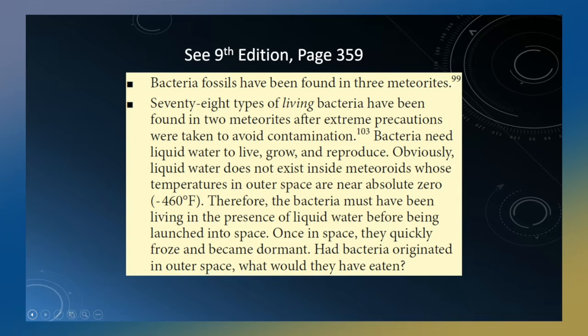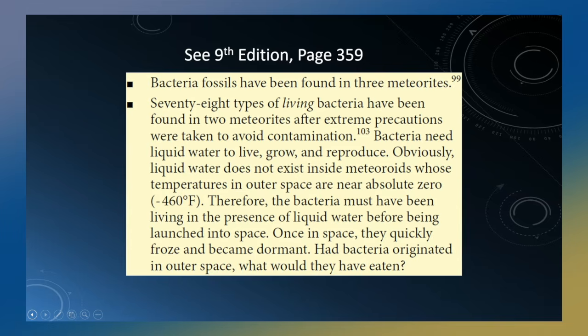They were formed on Earth and jettisoned with those meteorites into space, coming back down with bacteria. Bacteria need liquid water to live, grow, and reproduce. Obviously, liquid water does not exist inside meteoroids, whose temperatures are near absolute zero. Therefore, the bacteria must have been living in the presence of liquid water before being launched into space. Once in space, they quickly froze and became dormant.